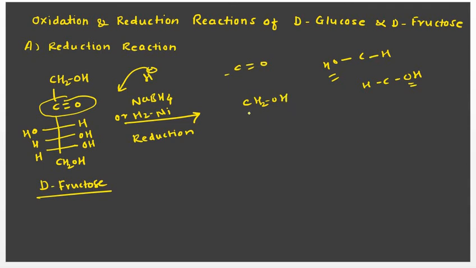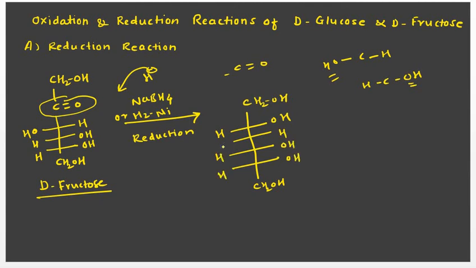So suppose this is the first CH2OH. In between there are 4 carbon atoms. Suppose here is an OH, OH. Now the rest of the molecule will be as it is: OH, OH, H, H and OH. If the hydroxy group comes at this position, then we get sorbitol.